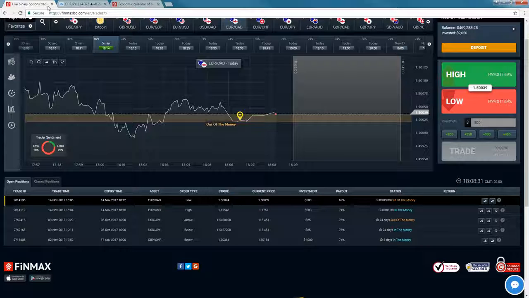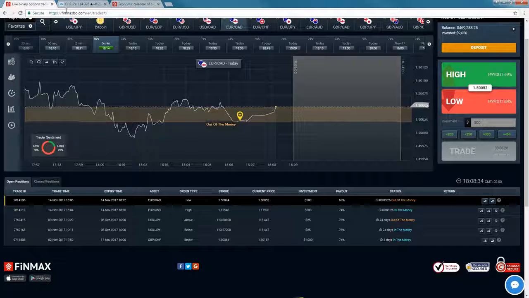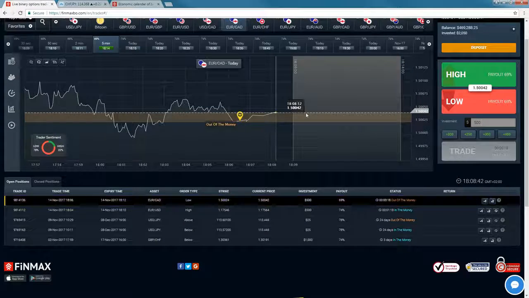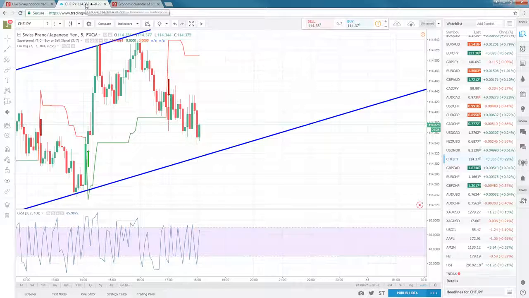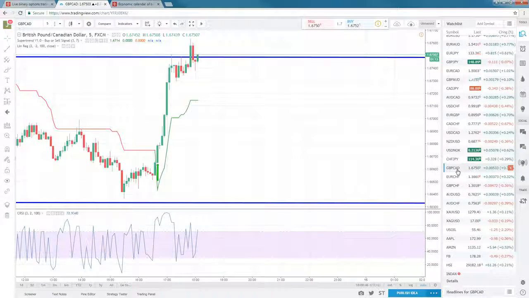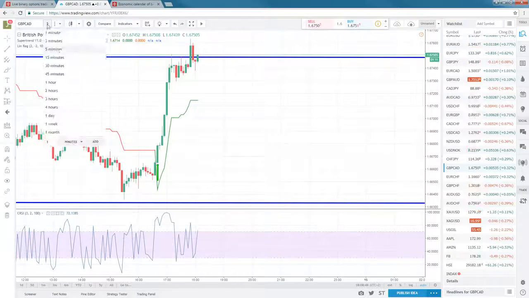Yeah, Euro US dollar is currently in the money. Euro Canadian dollar is out of the money, but there is still time that it will go back to be in the money. GBP Canadian.